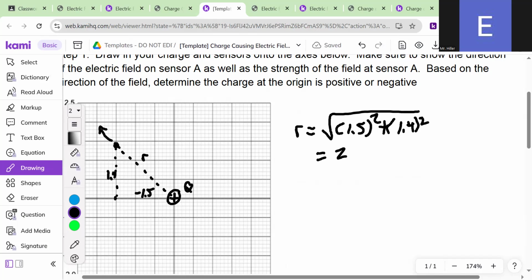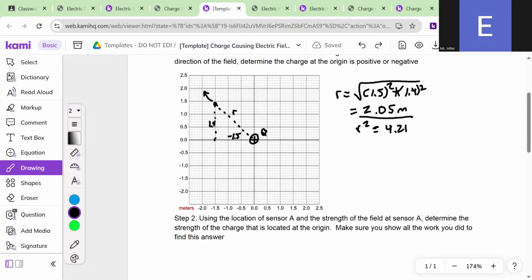I'm getting about 2.05 meters for my R. Now my R squared would be 4.21, which is the square of that. Remember, I took the square root of 4.21 to get this value. So R squared can be handy because that's part of our equation.